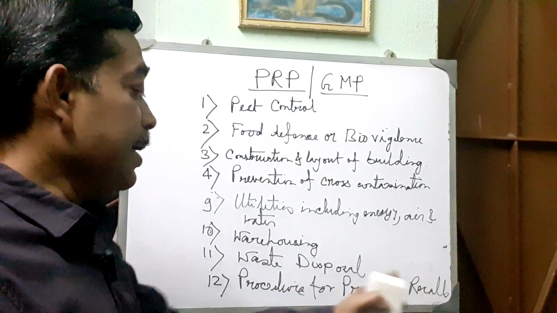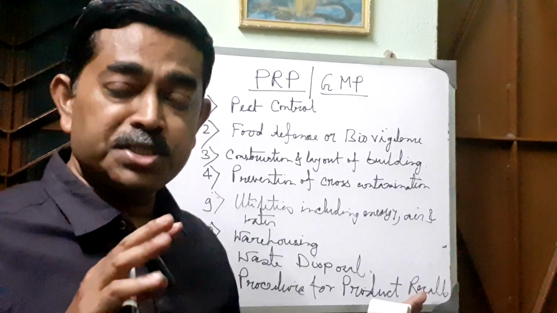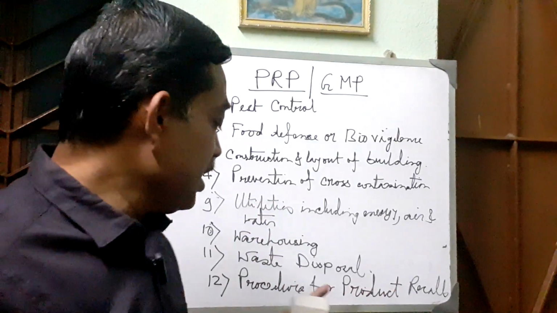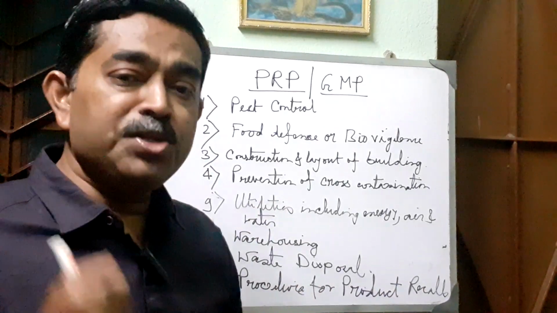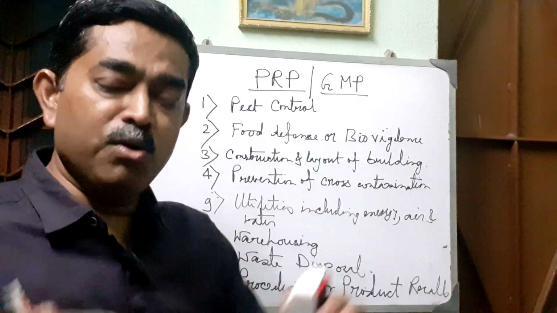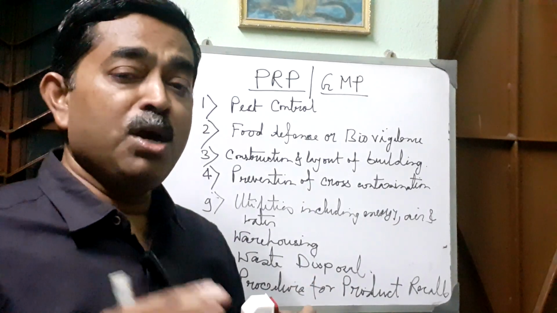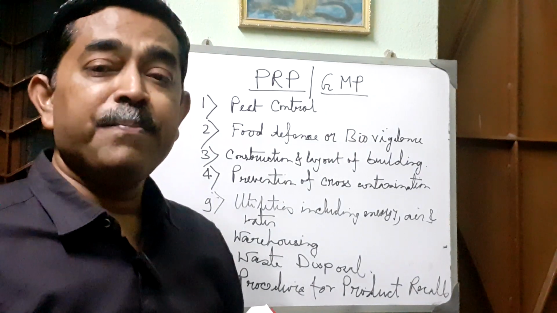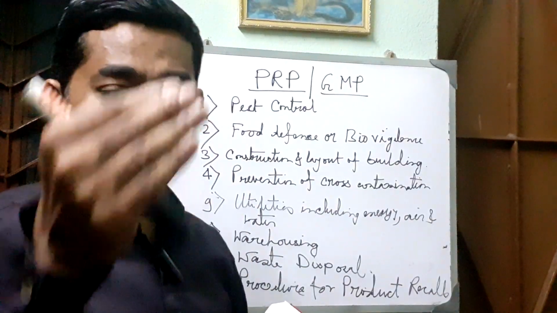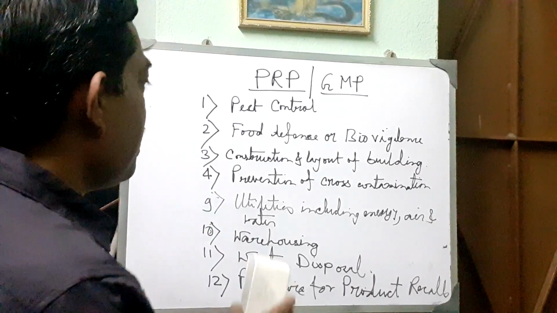If your product has any defect in the market, or there is a customer complaint about this, you have to immediately recall this product from the market. You should have a system so that you can recall all the products of this batch, and there should be a policy of replacing the recalled product for the retailers and the distributors. So these are the very important points under PRP and GMP.